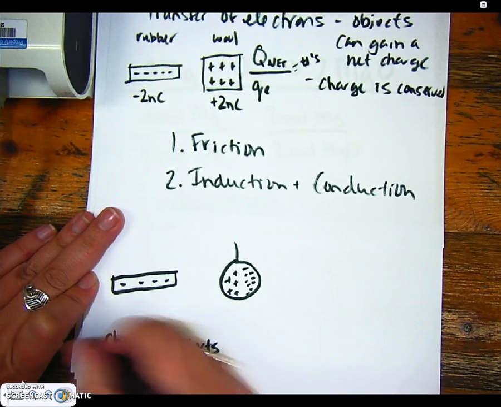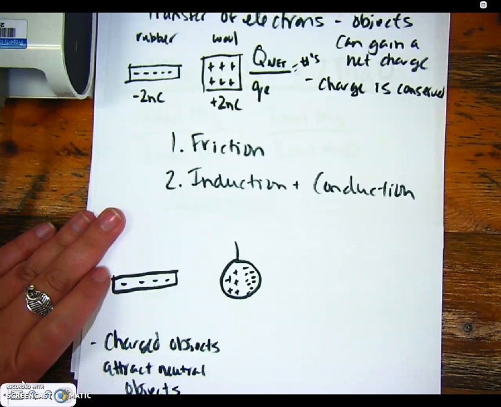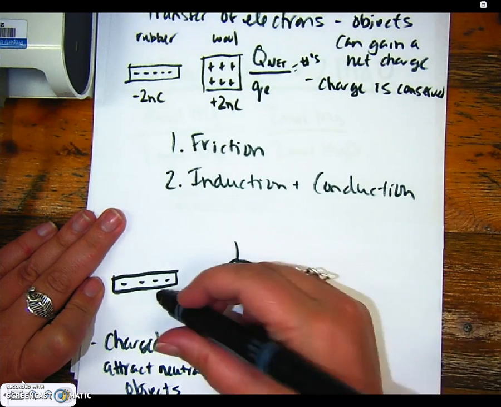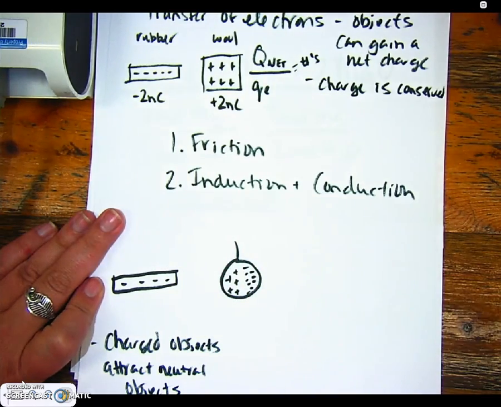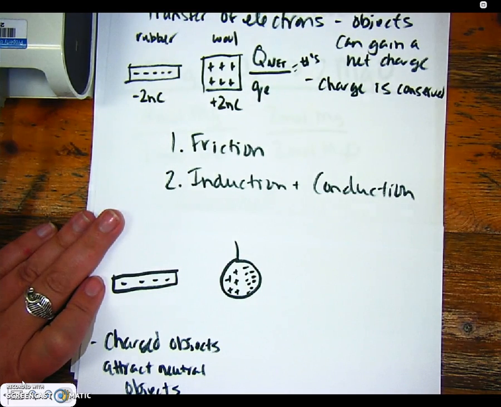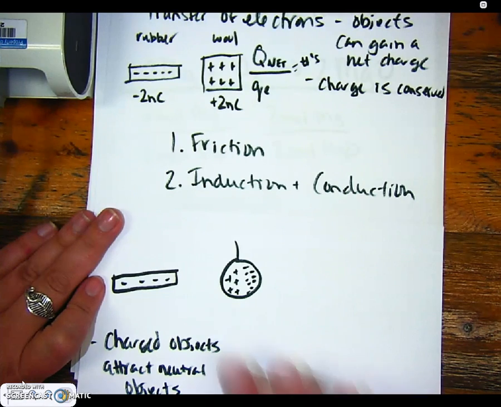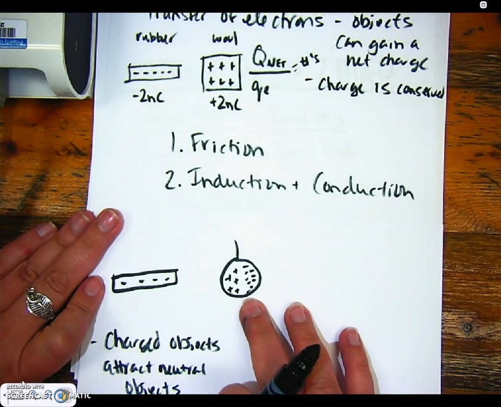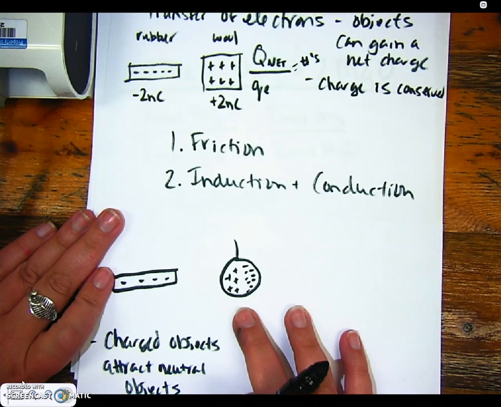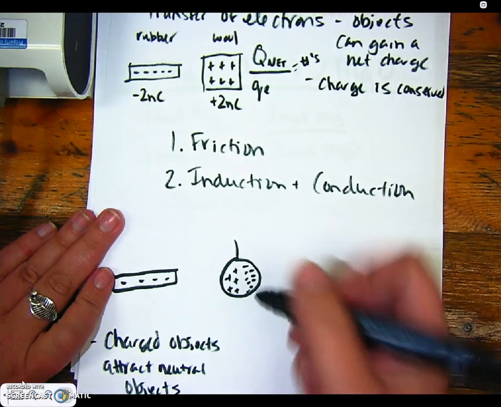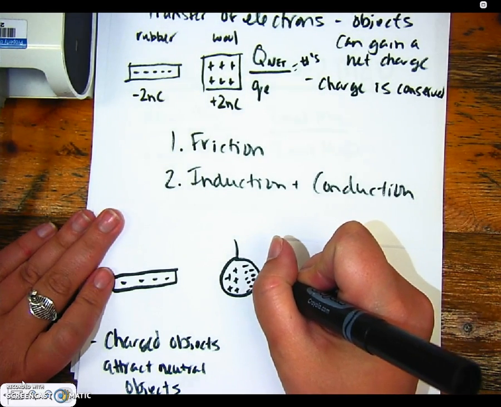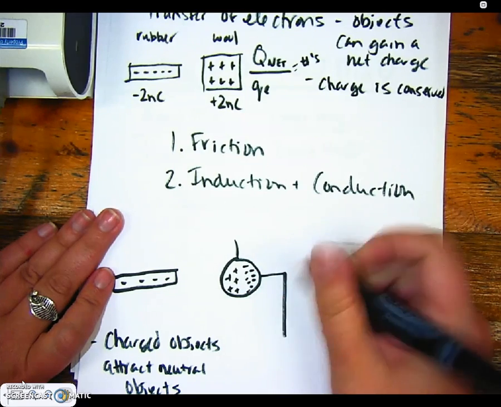Now notice that these things didn't come in contact with one another. We just say that the rod has induced this polarization on the sphere. Now, if I really wanted this conducting sphere to have a complete charge, what I could do is ground it.